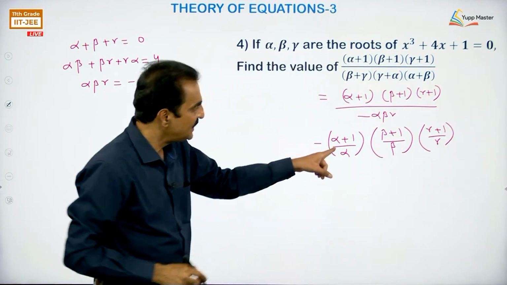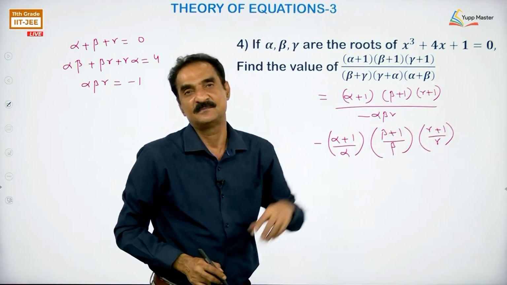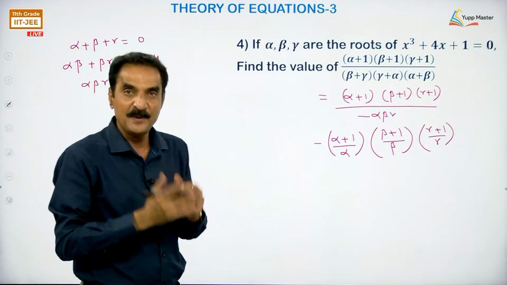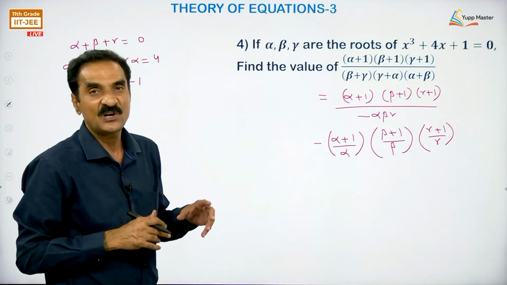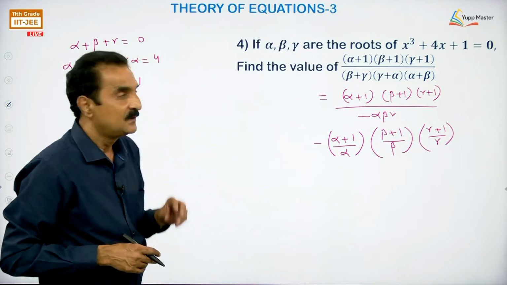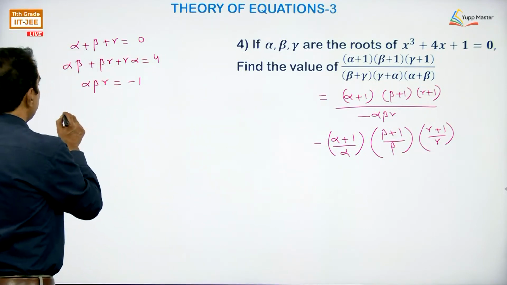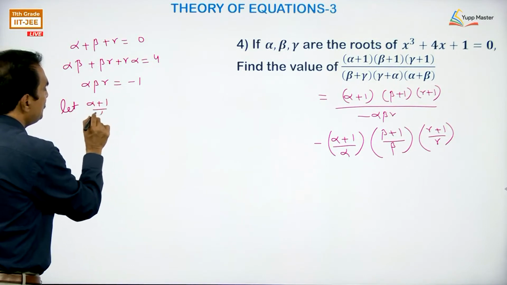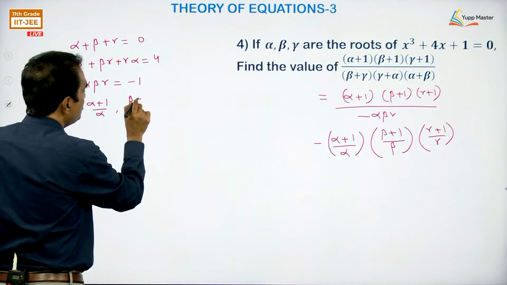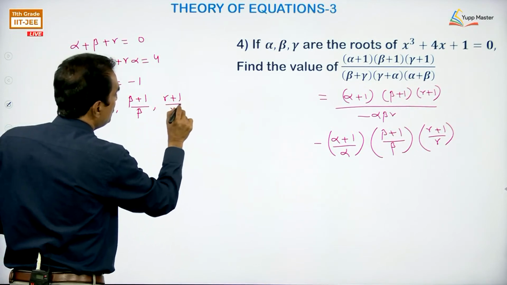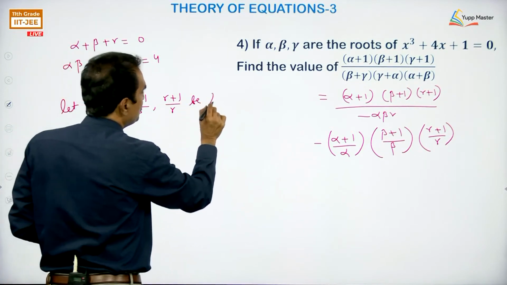See, these three are in the same pattern. So, I will find a cubic equation whose roots are transformed in this manner. So, let alpha plus 1 by alpha, beta plus 1 by beta, gamma plus 1 by gamma be the new roots.